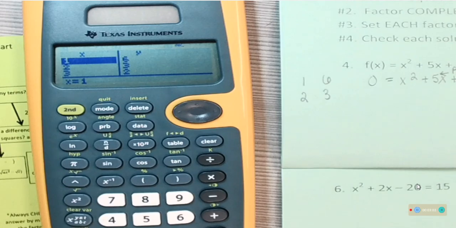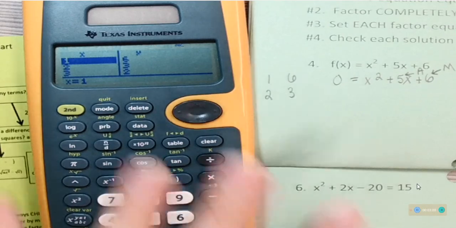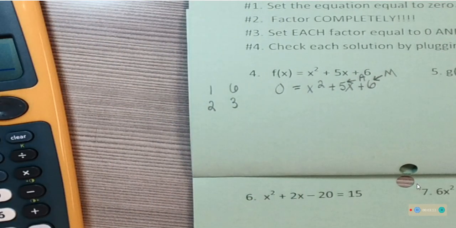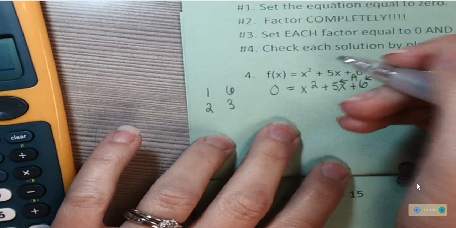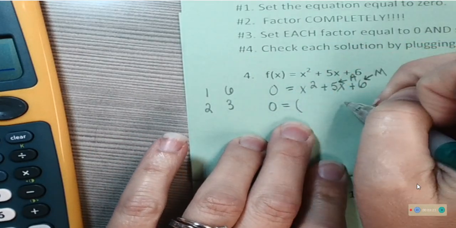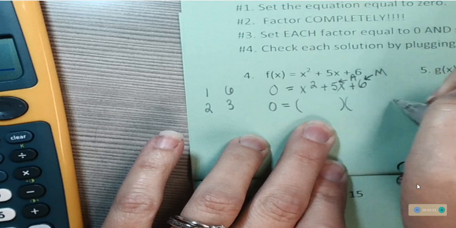Okay? Now, I've got to worry about my signs. Well, Miss Slusher doesn't mind this one too much because everything's positive. So what does that mean about all my numbers? They're all positive. I don't have any negatives. I'm going to break this x squared into how many parentheses? 2 parentheses.